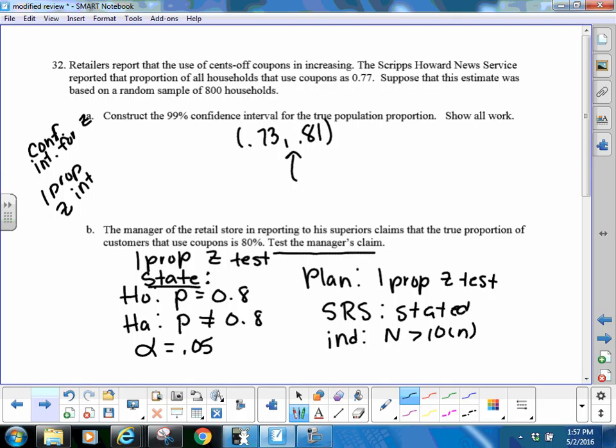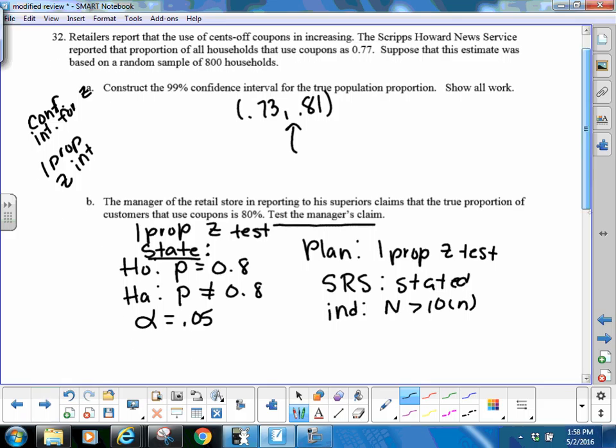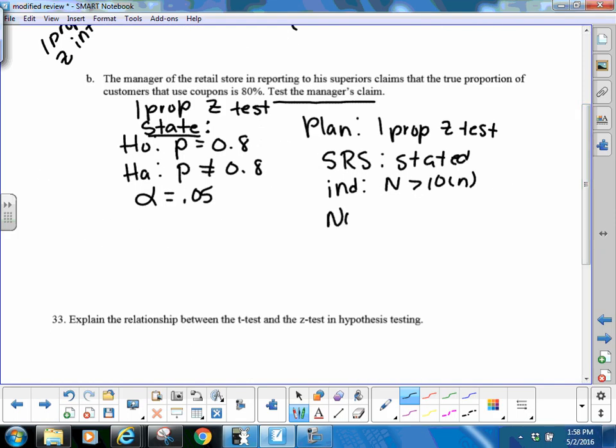Hey, do y'all remember how to check our other condition for proportions? It has nothing to do with 30. We're still checking, but this time we're looking to see if n times p is greater than 10 and n times (1 minus p) is greater than 10.